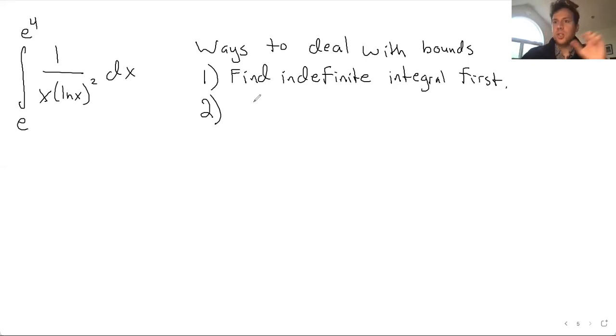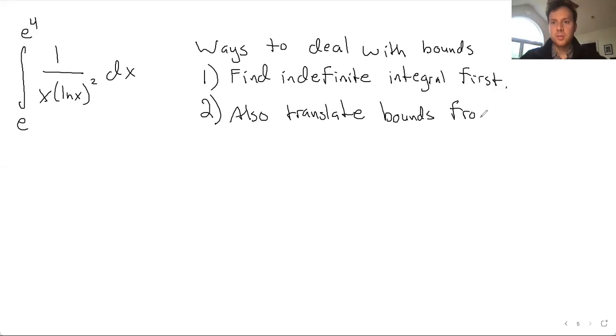The second way is that we can also translate the bounds from x to u. I'll explain what that is when we get to that second method.